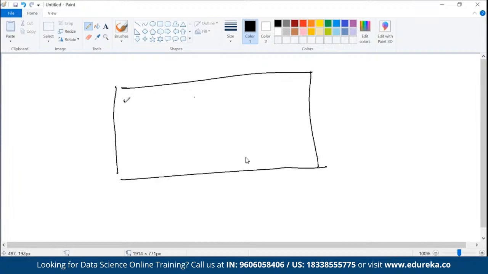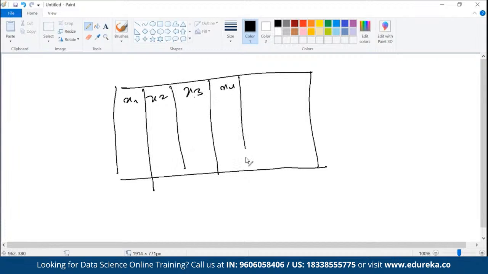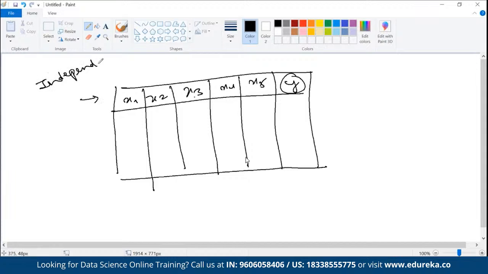Let's say you have x1, x2, x3, x4, x5, and then you do have y. Okay, so guys, what are these x's? These are nothing but the independent variables. And what is this y? This y is nothing but the dependent variable.